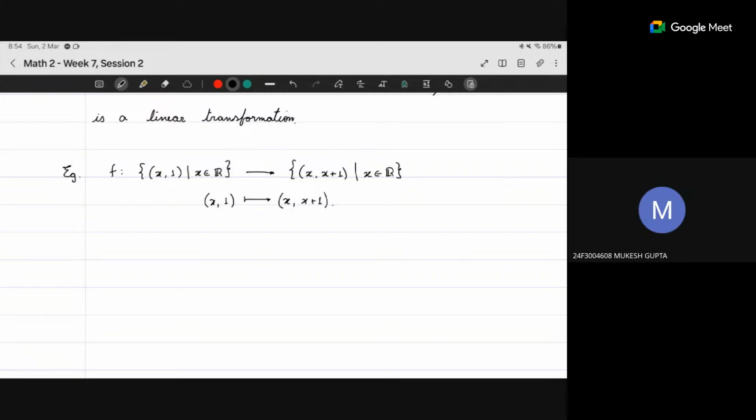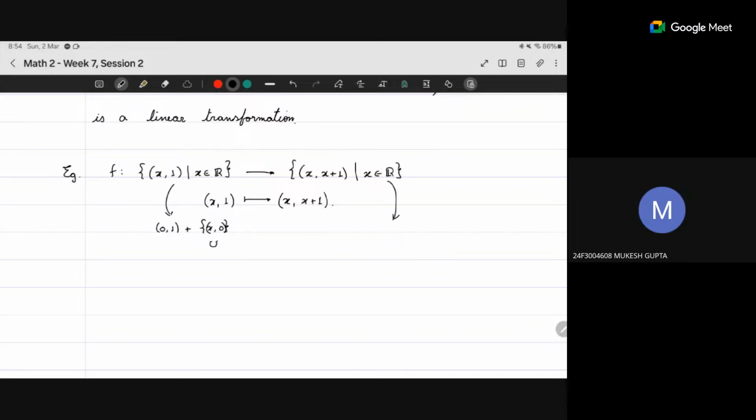If you want to check this, you write this as 0, 1 plus x, 0. So the underlying subspace for the domain is x comma 0. So what is x comma 0? This is just the x-axis.